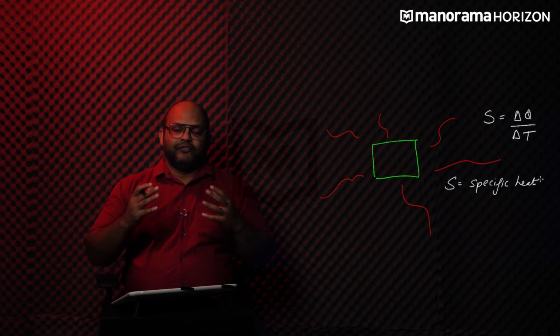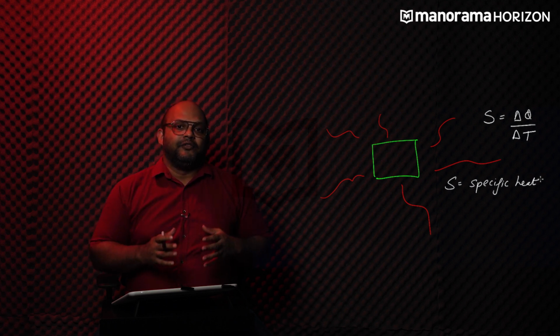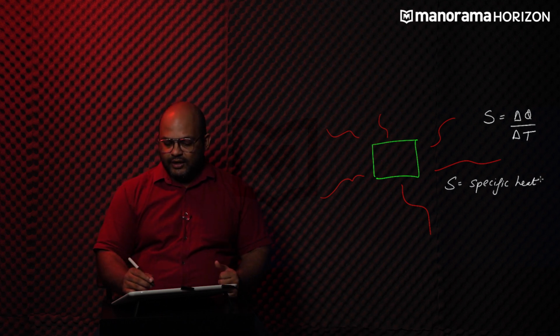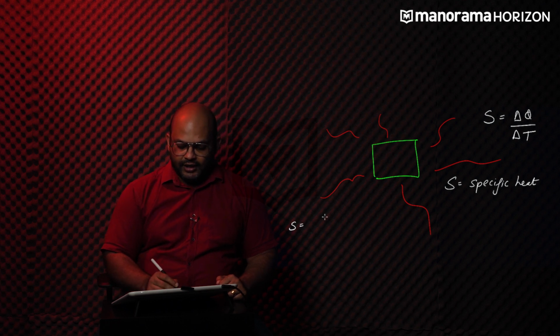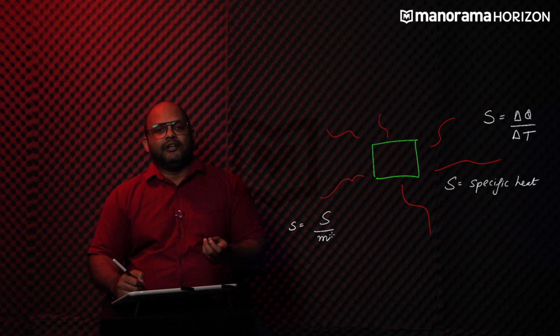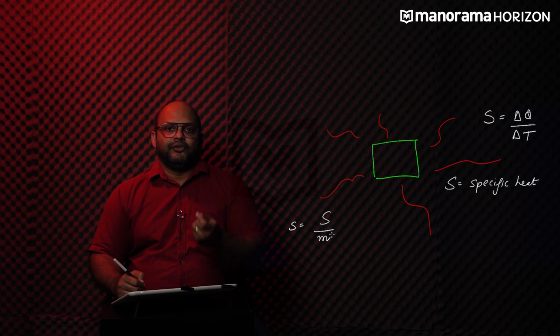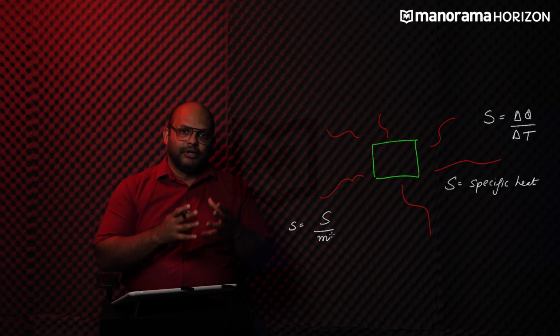So we need to refine this value of specific heat in such a way that we can define it for a unit mass. We can do this by creating another quantity, that is small s, and this quantity can be defined as capital S divided by m. So this is the specific heat for a unit mass of this particular material, for a kilogram of this particular material.